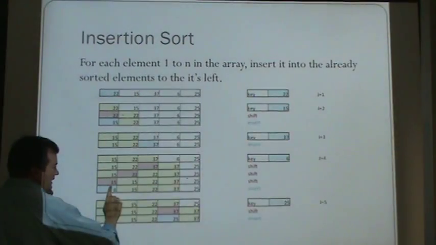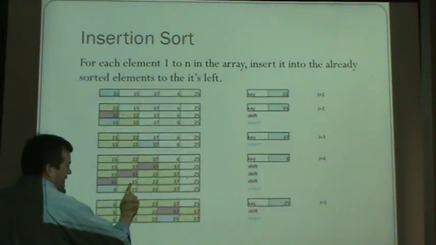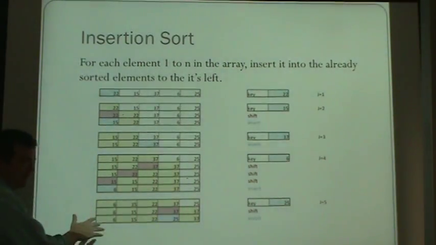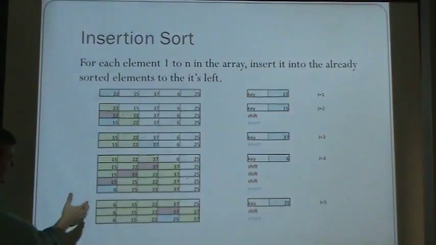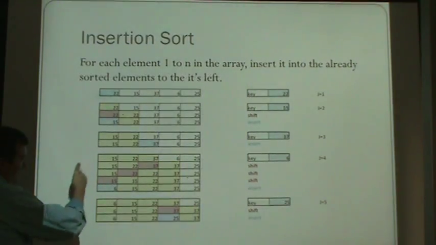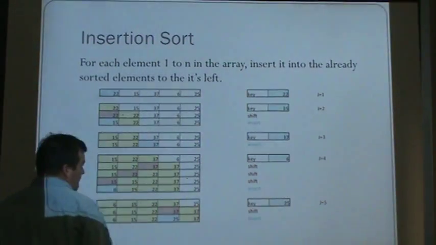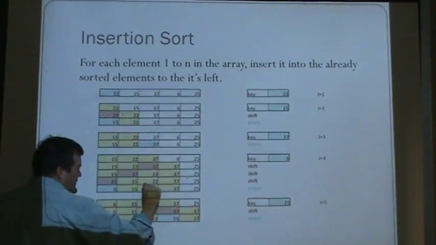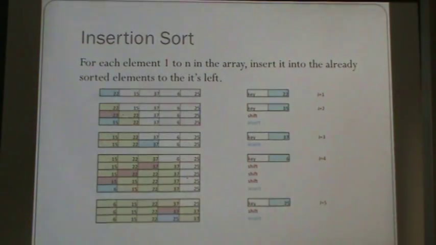Then we go to 15, and 15 is more than 6, so 15 gets copied up to here. Then it's implied that the element past the end is maybe negative infinity, so everything is bigger than it when you hit the end. So we put 6 in our first spot, and now these four boxes are considered sorted.